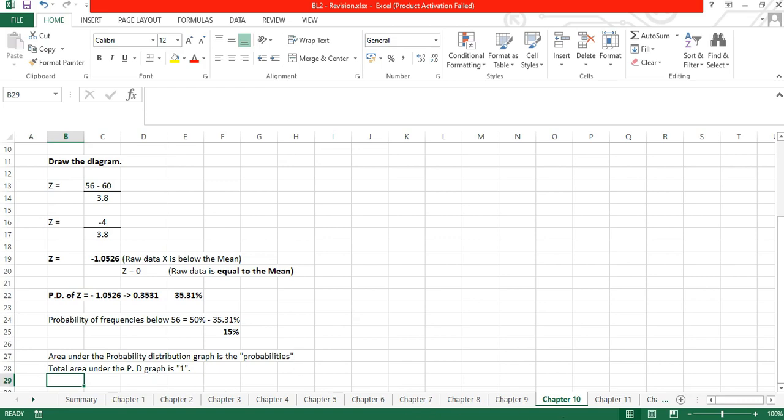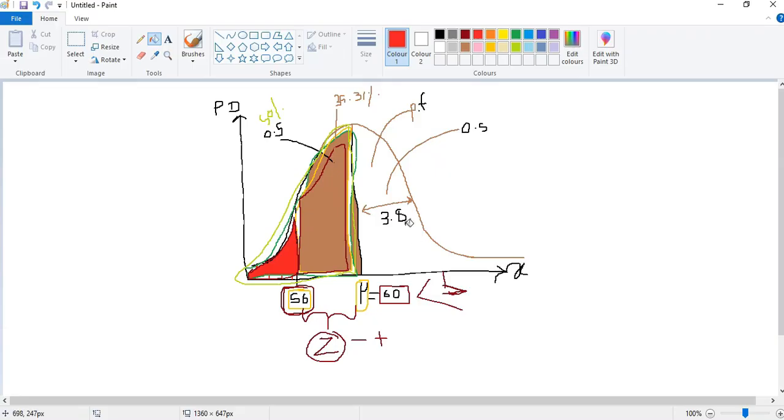How is it 1? If you look at this graph, this side is equal to 0.5, this side is also equal to 0.5. So 0.5 plus 0.5 equals 1. And why are both sides equally 0.5? Because it is called the normal distribution. That is the theory of normal distribution.